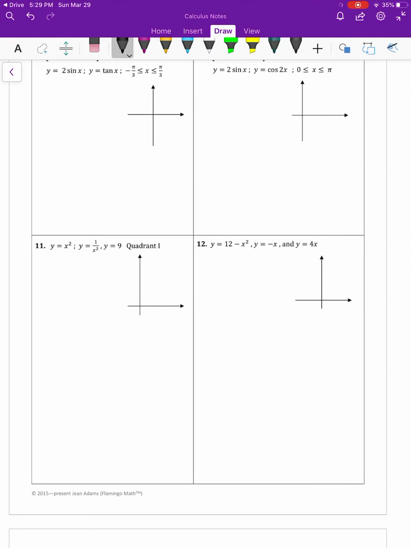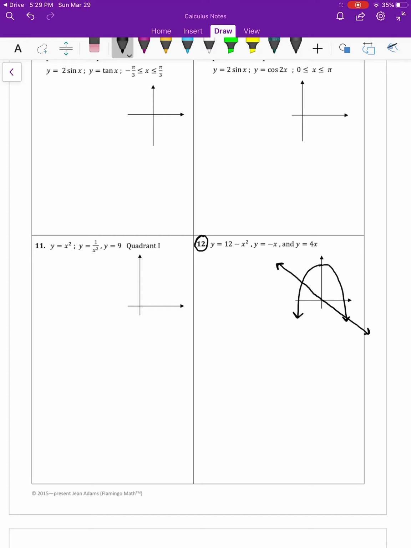I do have one other problem that I want to talk to you about, and it's at the very end of your homework. It's problem number 12 here. It does not tell you enough about this problem to know what region they're talking about.